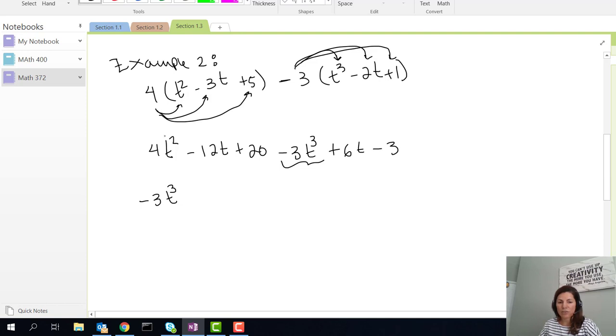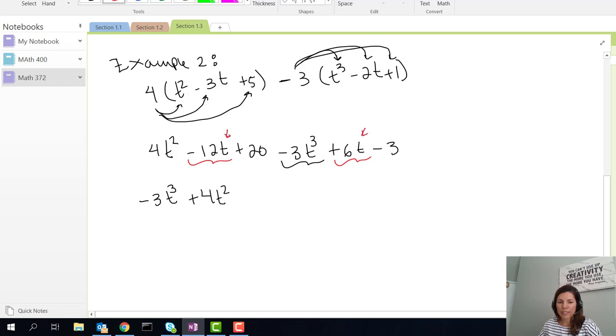And also notice that there's no other square, so I'm going to say plus 4t squared. So these didn't have any like terms to combine. But as we go to degree 1, I have minus 12t and positive 6t. So the t makes them like terms.